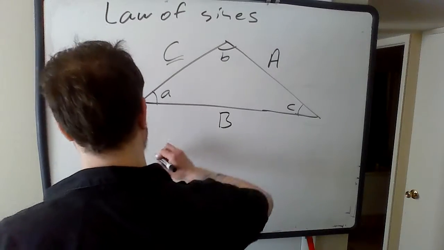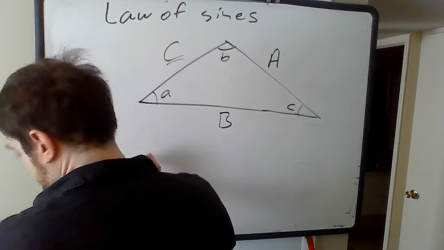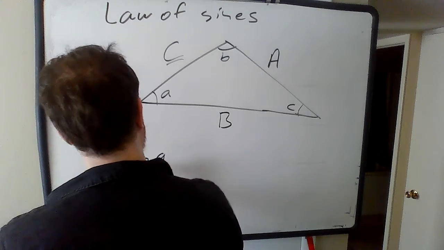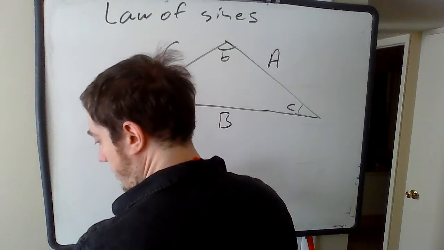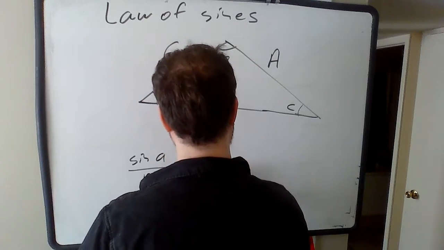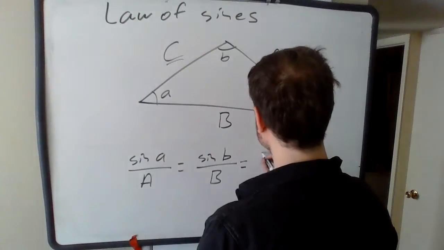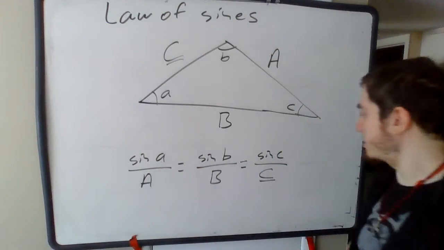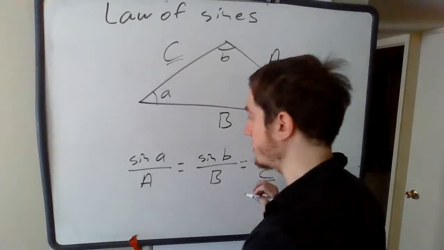So what the law of sines says is that the sine of the angle little a divided by the length of the side A is equal to the sine of little b divided by the length of the side b, which is equal to the sine of little c divided by capital C. Of course, we could take the reciprocals here as well.